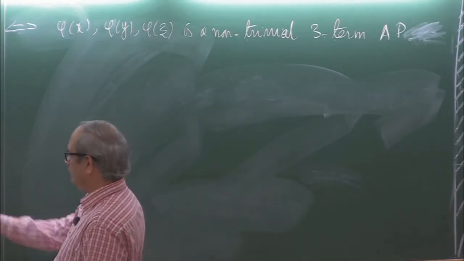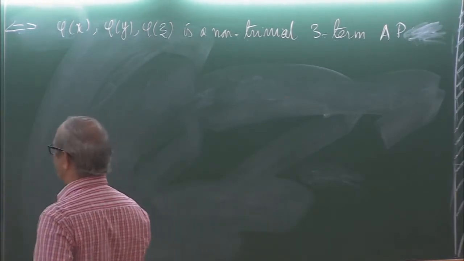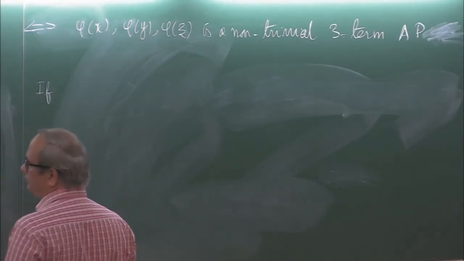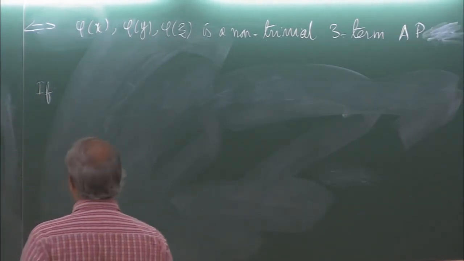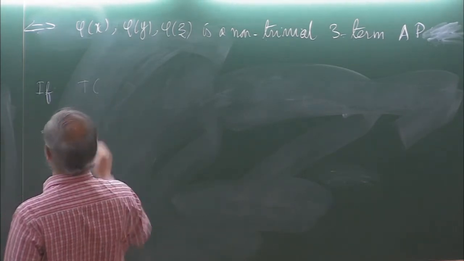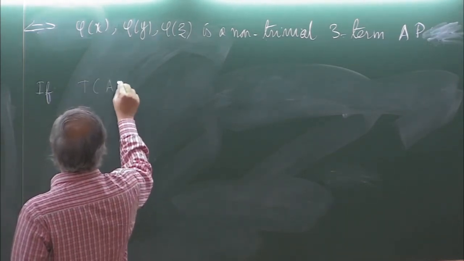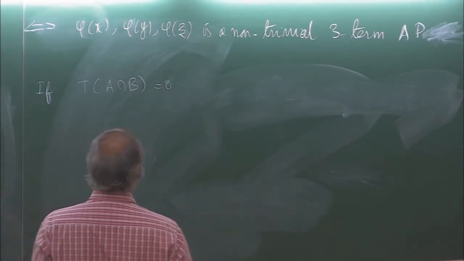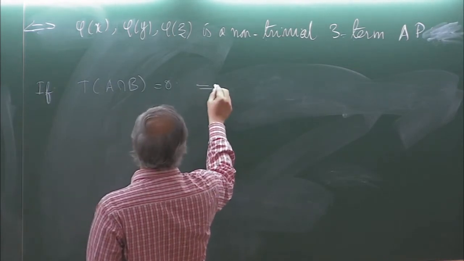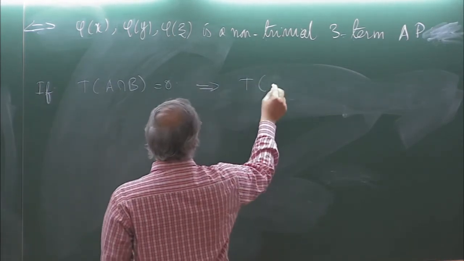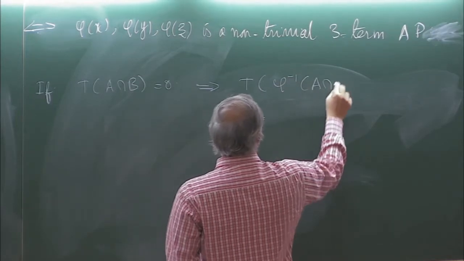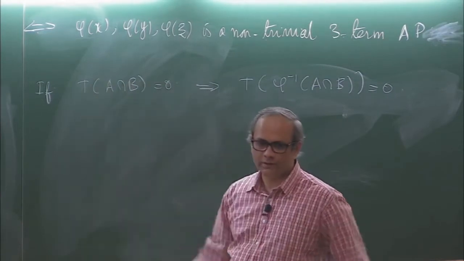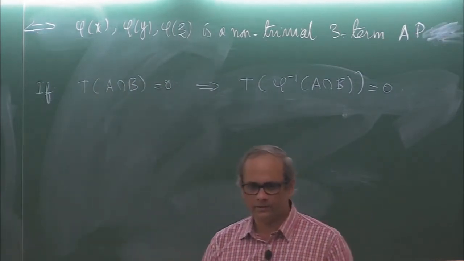Okay? And now, since phi is a bijection, if the cardinality of T of A intersection B is 0, this implies that T of phi inverse A intersection B is also 0, because of this statement, because phi takes 3-term APs to 3-term APs.